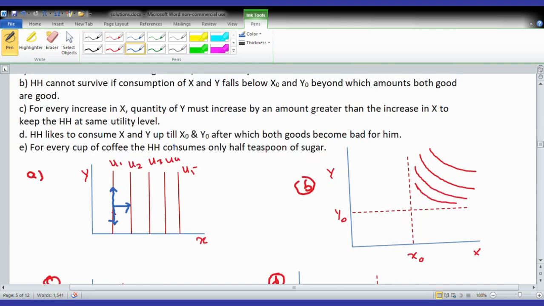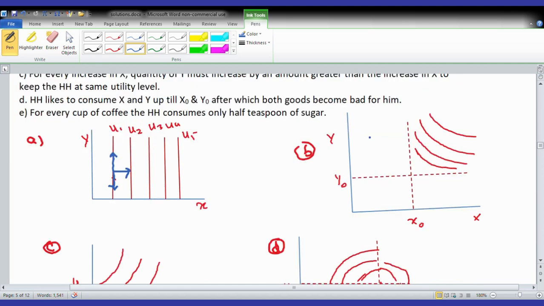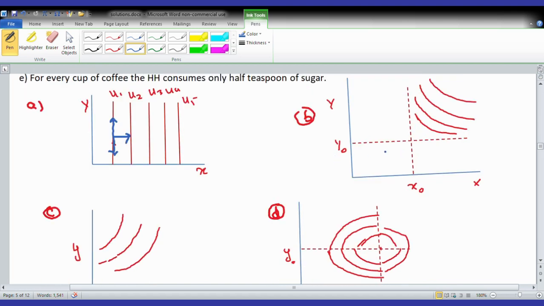Then we have B, that the household cannot survive if consumption of X and Y falls below X naught and Y naught. So I have this survival constraint. If you are consuming less than Y naught of good Y, you will not be surviving, and if you are consuming less than X naught of good X, you will not be surviving. So this means that you should be in this range.